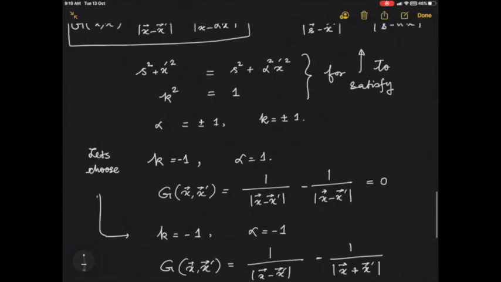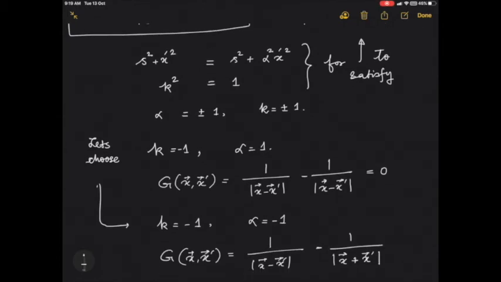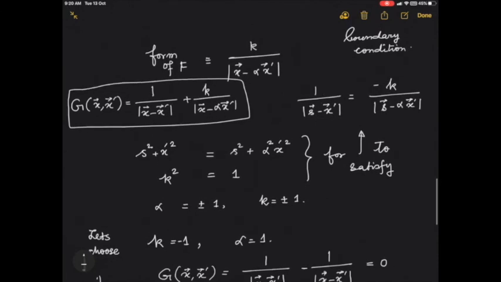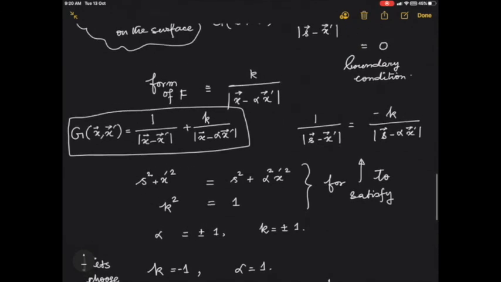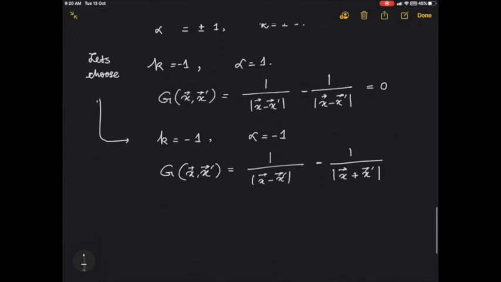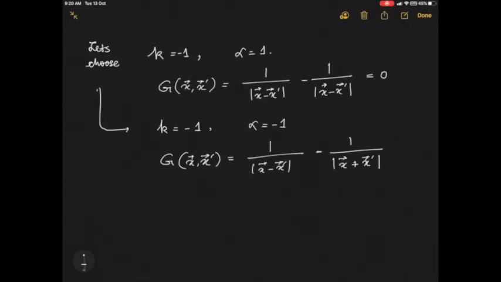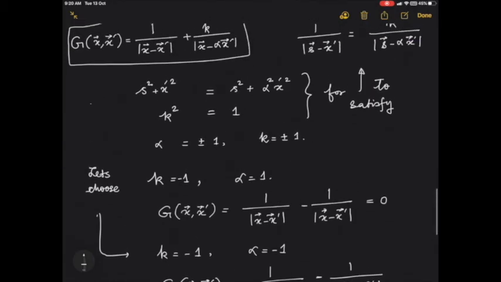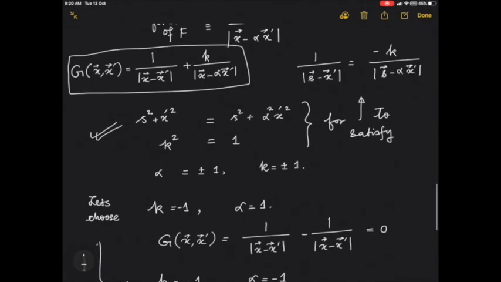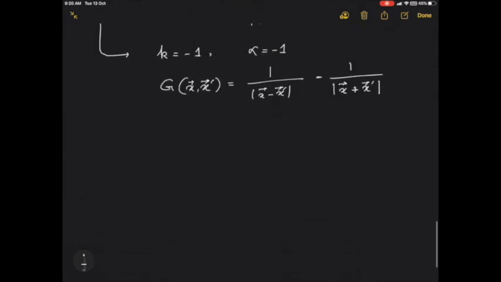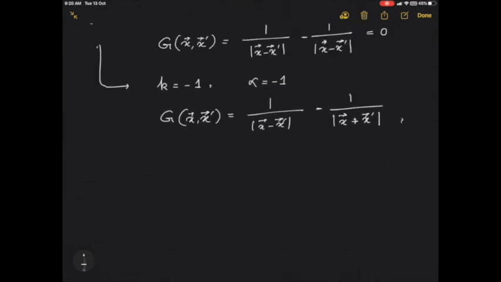Well, that's a legitimate solution, because see what happens if I put these things at the boundary: this is going to 0 at the boundary. How do you see that? Well, obviously it will satisfy, and if it satisfies that, it will be 0 at the boundary, because that's how I get those.